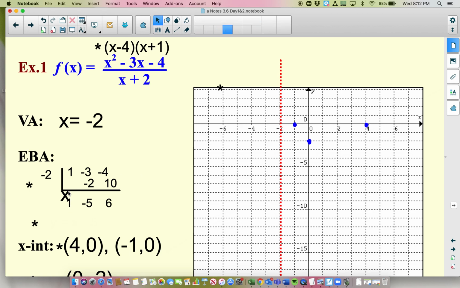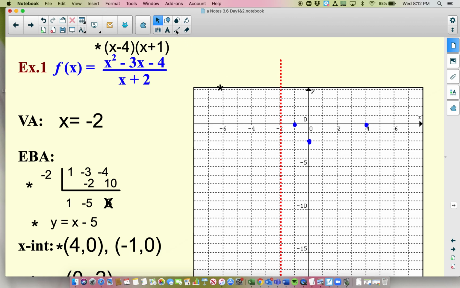And if you remember, I said we don't care about the remainder. So that remainder of 6, I don't care about. Because this was quadratic, remember when you do synthetic, you go down 1 degree. So this is 1x minus 5, and that would be your asymptote.